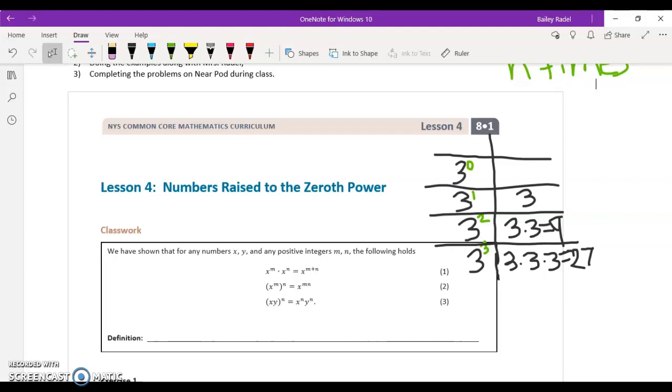And 3 raised to the 3 is 3 multiplied 3 times, 3 times 3 times 3 equals 27. So make sure that your table looks like mine.